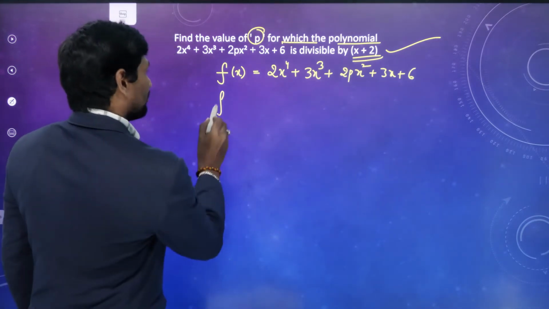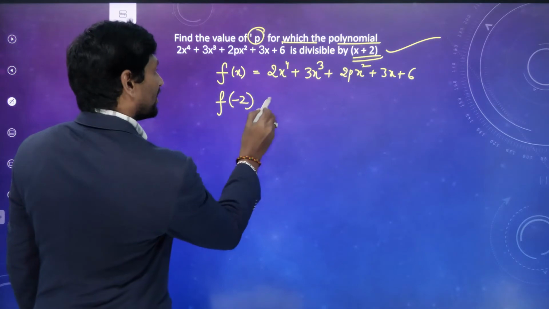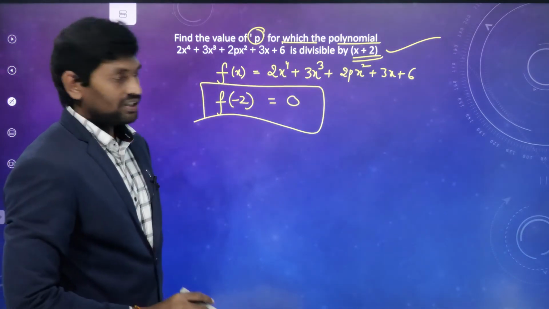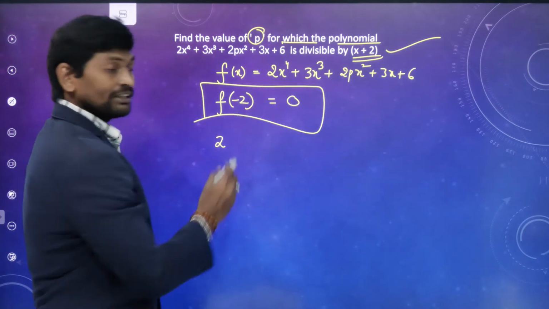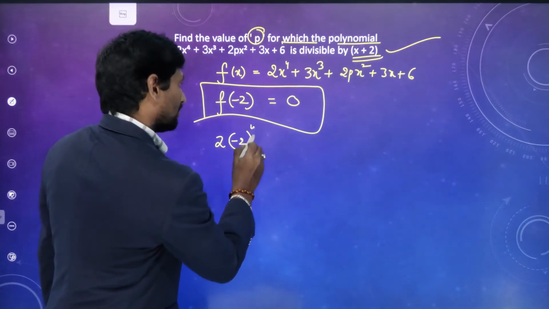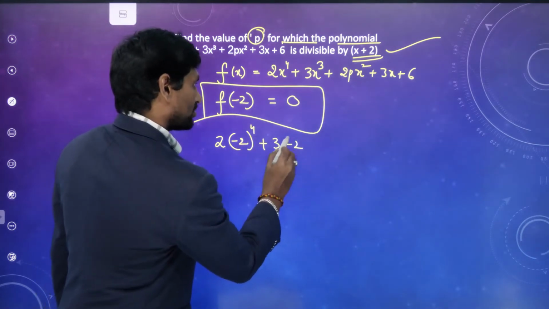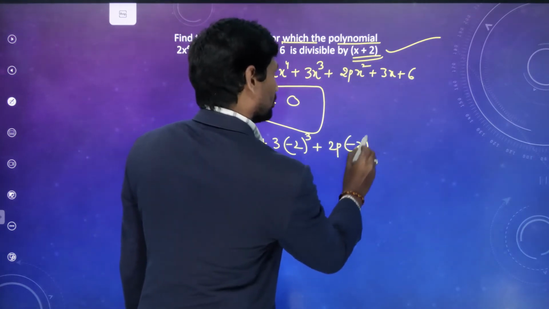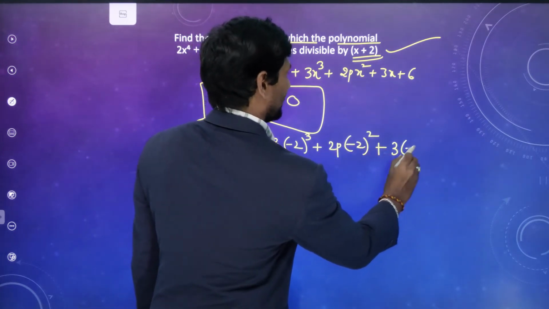That means I am directly finding f of minus 2 becomes 0. That means 2 into, in the place of x, substitute minus 2 power 4, plus 3 into minus 2 whole cube, plus 2p into minus 2 whole square, plus 3 into minus 2 plus 6.